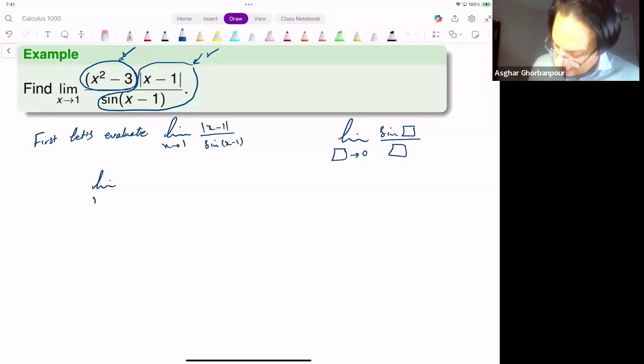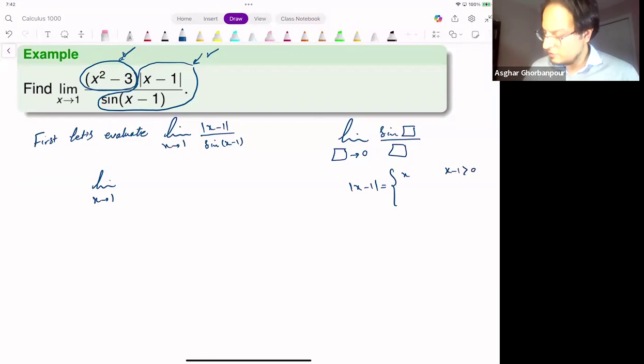Since it is the absolute value of x minus 1, remember, absolute value is a piecewise defined function. Here you should say that if x minus 1 is bigger than 0, it will come out as x minus 1. If x minus 1 is less than 0, it will come out as the negative of that.